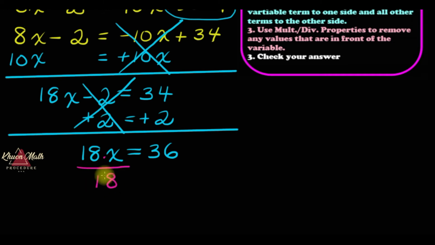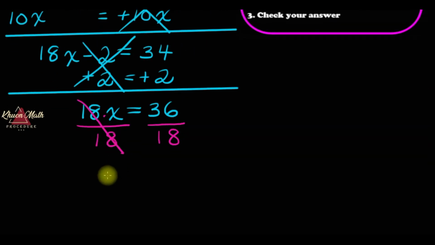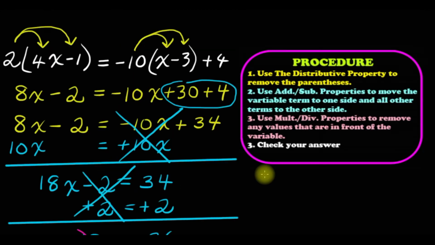So we're going to divide by 18, and then we're going to divide this by 18. Okay, 18 divided by 18 is 1. So you're left with x. And then on the other side, 18 goes into 36 2 times. So x is 2.